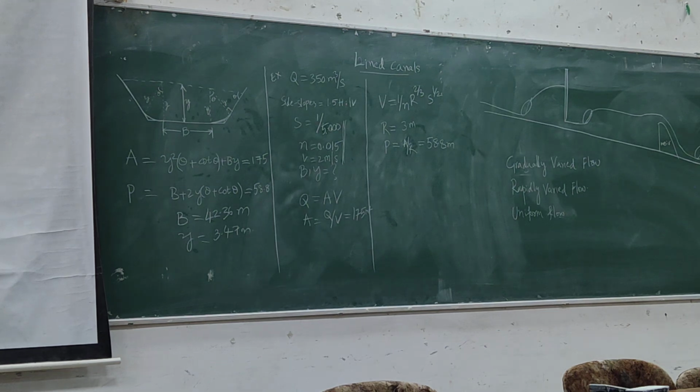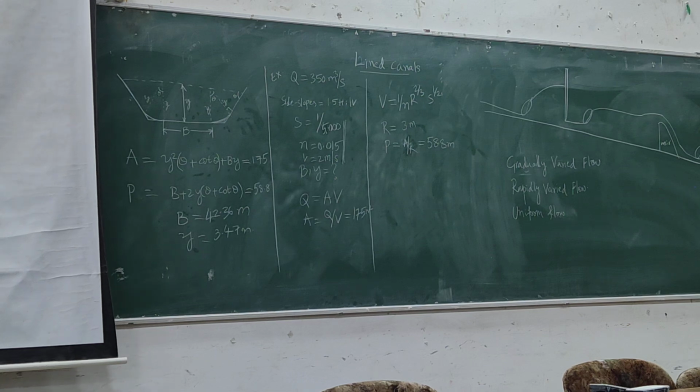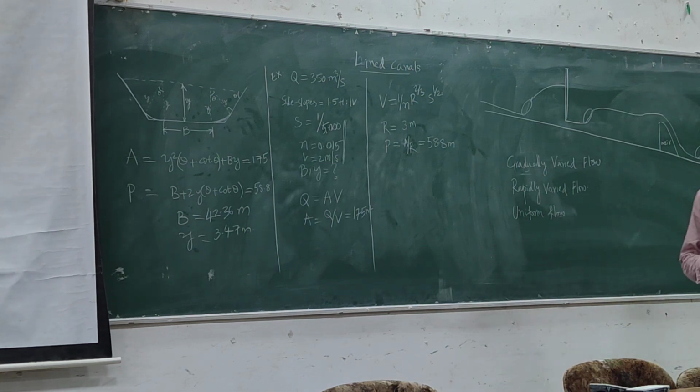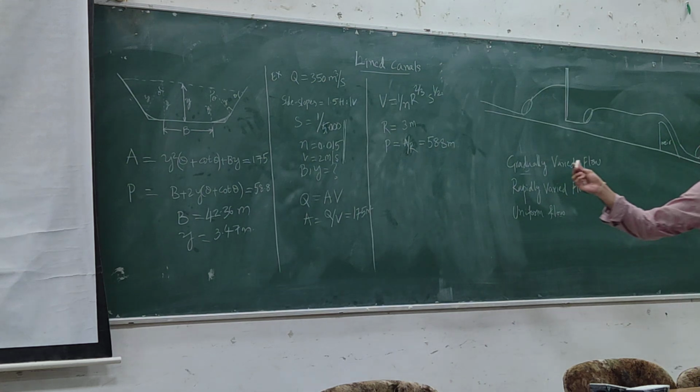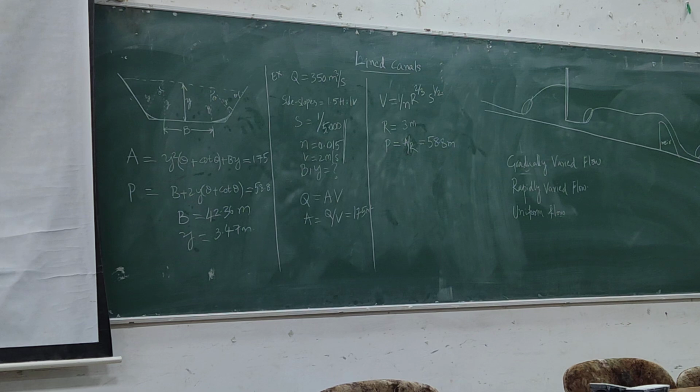So as a team you can pick somebody. So just identify one zone as rapidly or gradually varied flow. So who wants to come from here?